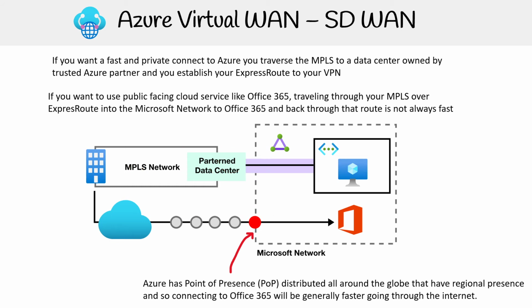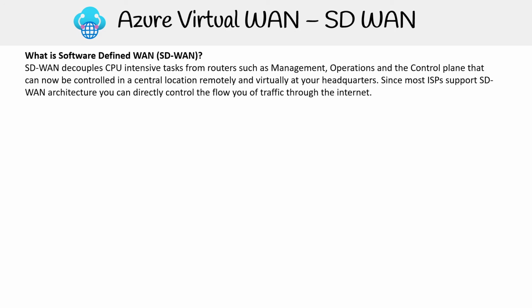But the thing is that it doesn't solve all our problems, and we still have to do a bunch of hopping. And this is over the internet, so however many hops you have to make might not be efficient. And so this is where SD-WAN comes into play. SD-WAN stands for Software Defined WAN. An SD-WAN decouples CPU-intensive tasks from routers, such as the management, operation, and control plane.